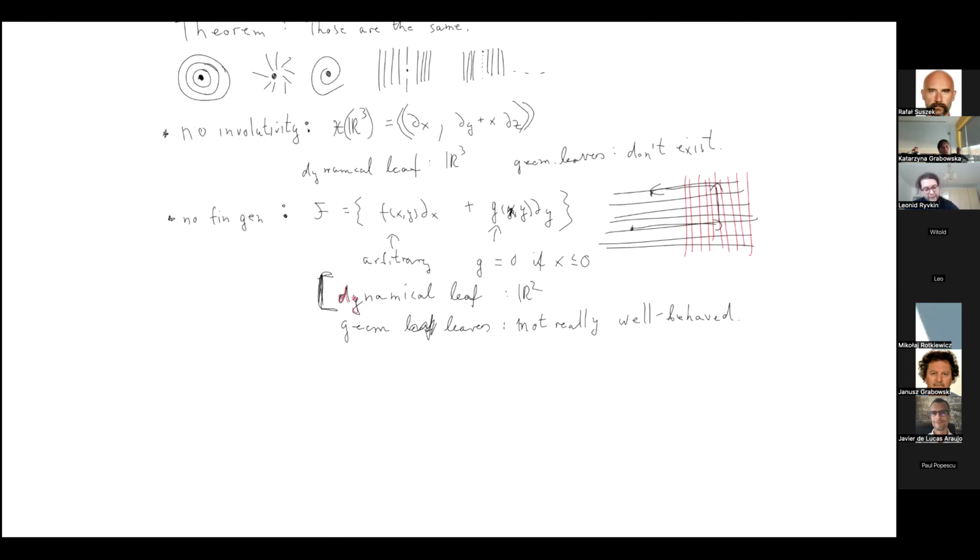It's the idea that if I have a vector tangent to a foliation, I must always be able to extend it to a vector field tangent to the foliation. And this means that, for example, something where I have, let's say, one-dimensional leaves, and the rest are all points, this is not allowed. So this picture cannot come from a foliation.